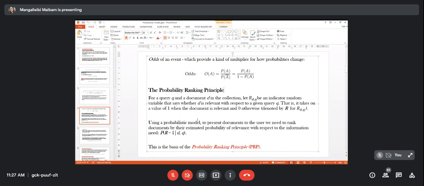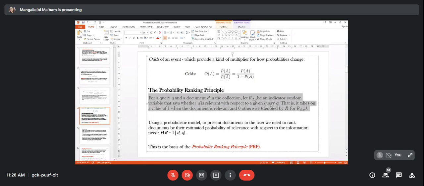For any query Q and for a given document D in a collection, let us see this statement. For a query Q and a document D in the collection, let R_{D,Q}, where D is the document and Q is the query, be an indicator random variable that says whether D is relevant with respect to the given query.